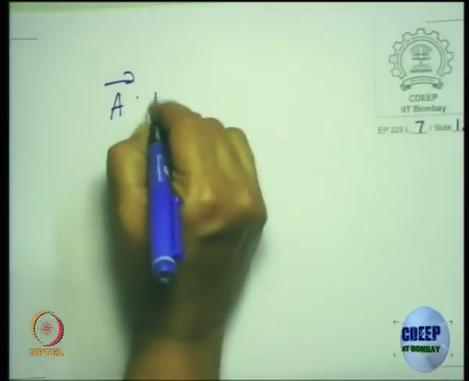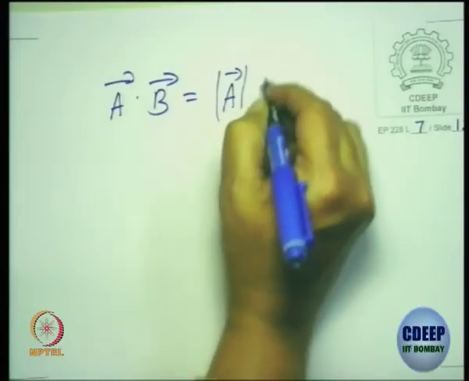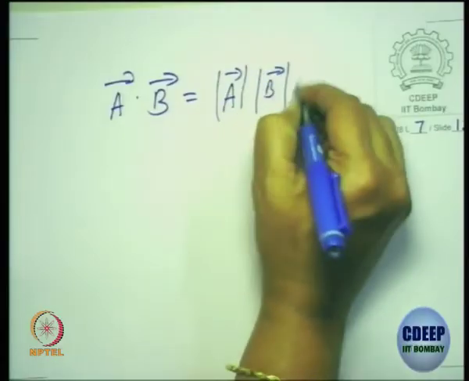So the next one is A dot B, which formally you would have written as norm A, norm B, cos theta.